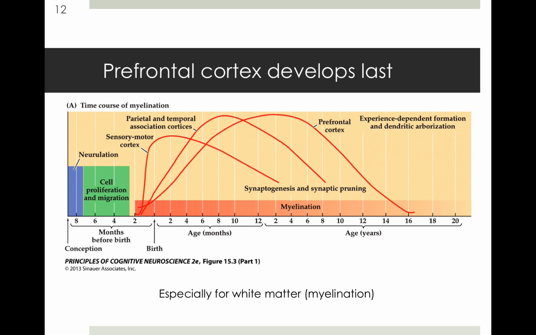So the areas like the somatosensory and motor cortices, so everything that's like primary areas of the brain, primary visual areas, primary auditory areas, primary sensory and primary motor areas, they are fully developed relatively early on, right? Whereas the parietal lobe and the association cortices are kind of in between, and the prefrontal cortex really is the latest in becoming fully mature.